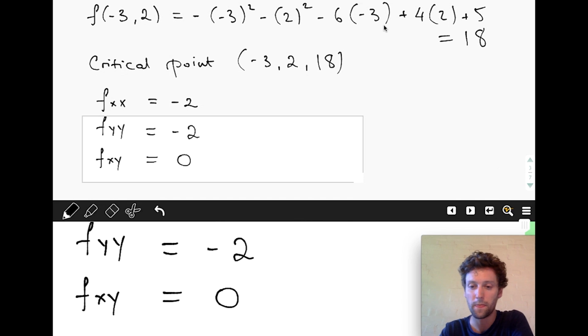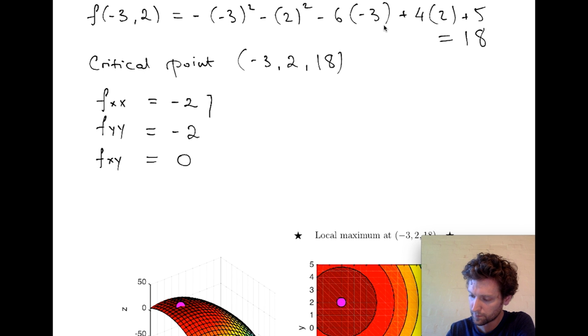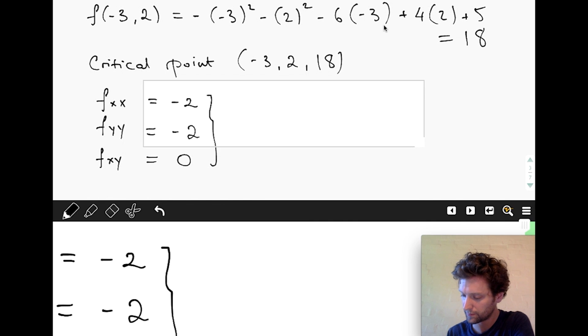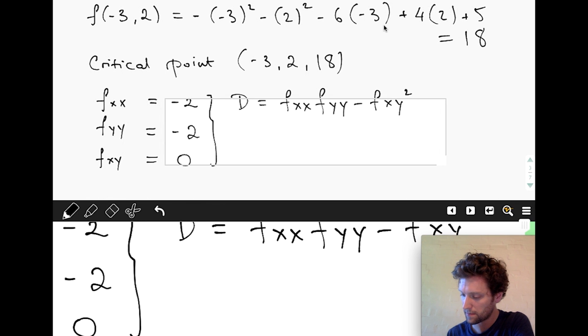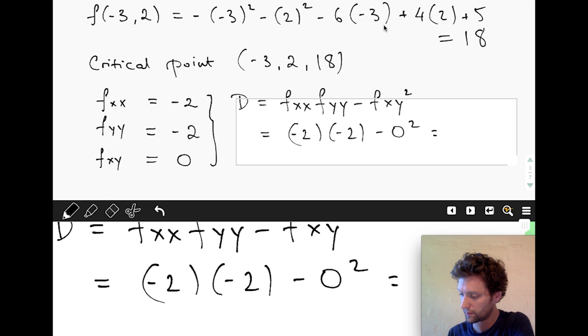So those are the values of the second derivatives at my point (-3, 2). Let's use those now to form D. D is equal to f_xx f_yy minus f_xy squared, which is equal to -2 times -2 minus 0 squared, which is equal to 4.